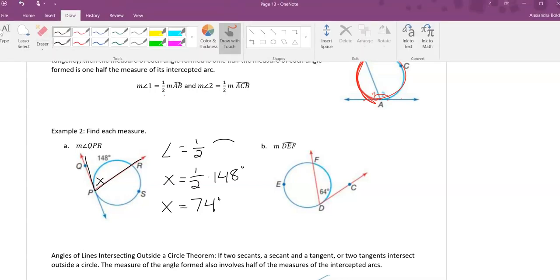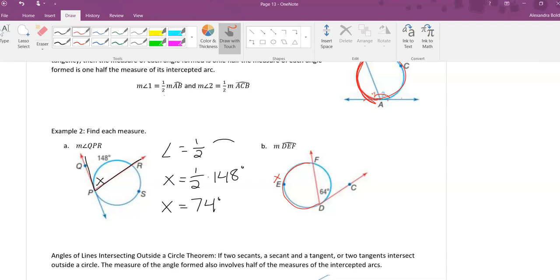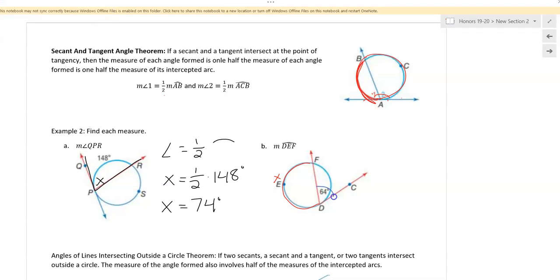Same thing with DEF, or similar with DEF. I'm looking for this, but I have this angle here, and this angle opens up to this arc. So that's the only thing I can solve for with that angle. So I'm going to do the same thing. Angle equals 1/2 times arc.